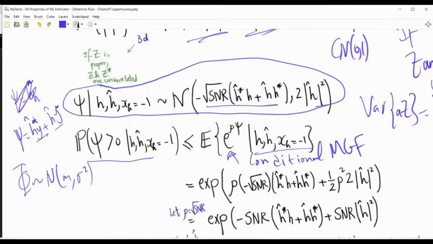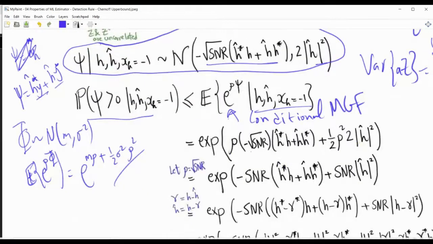The expectation of e to the rho phi is e to the m rho plus 1/2 sigma squared rho squared. I don't think it's difficult to prove. Just take it from any reference and put it here.